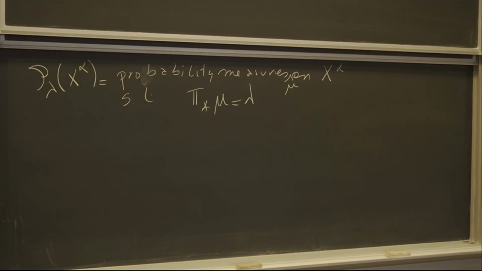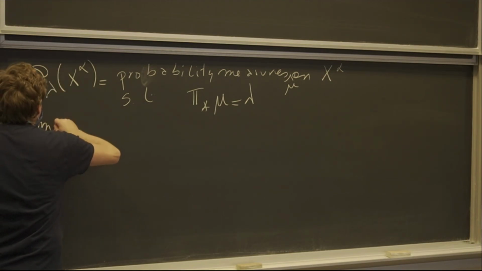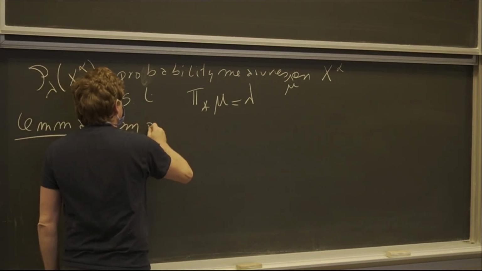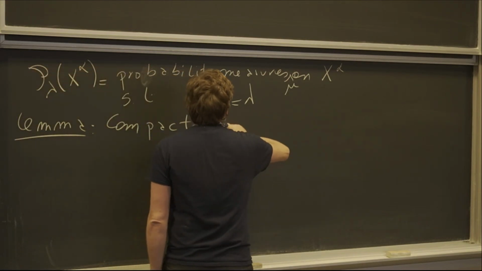So actually the base could be a very general measurable space with some measure, and still this will be a compact convex space. So this is a lemma: this is compact convex.